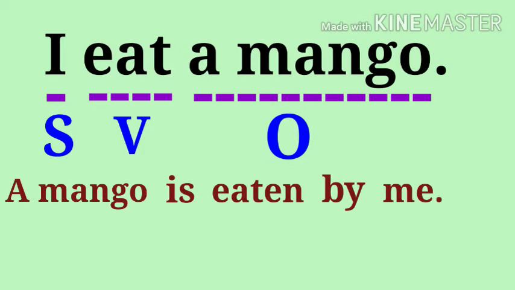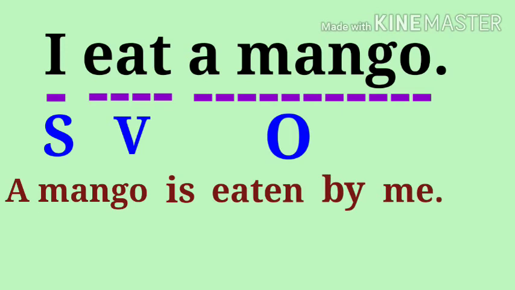While writing the passive construction, you have to start with that object, then according to the tense and the object you have to use the auxiliary verb, and afterwards by and the past participle of the verb. Okay, these are the common rules how to change active voice into passive construction.